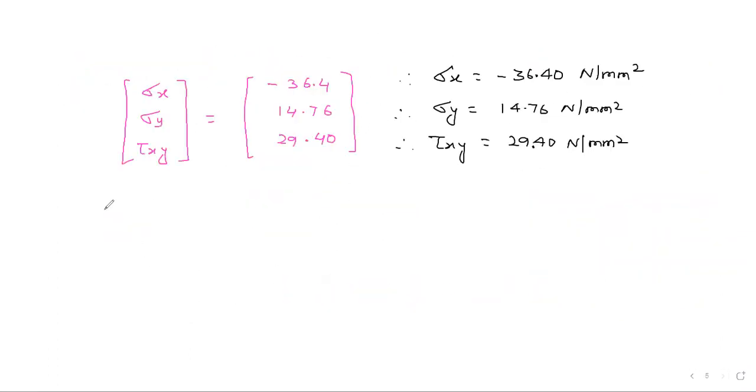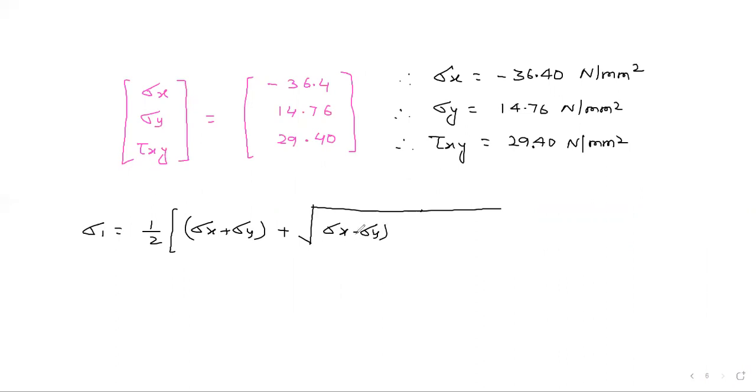So sigma 1 will be half of sigma x plus sigma y, plus root under sigma x minus sigma y whole square plus 4 tau xy square.